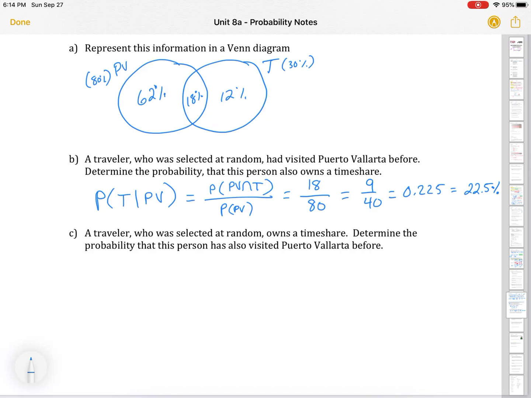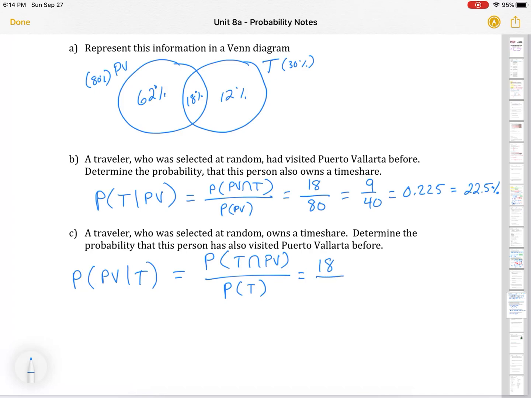A traveler who was selected at random owns a timeshare. Determine the probability this person has also visited Puerto Vallarta before. So we are now looking for the probability that he visited Puerto Vallarta before and he owns a timeshare. So this is P of T and PV divided by the probability of the timeshare. It's a little bit different.